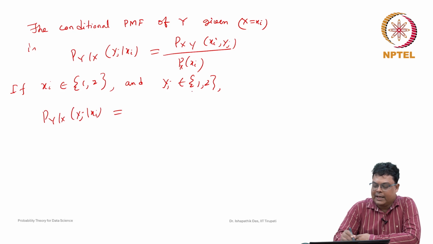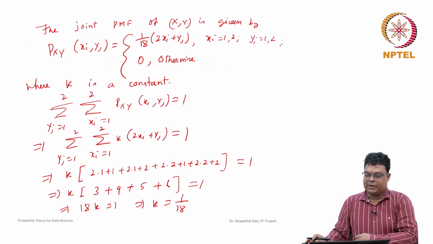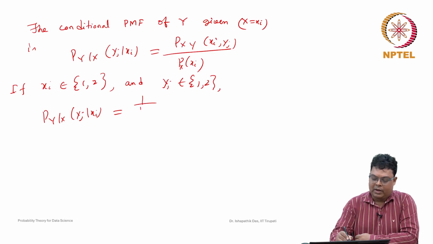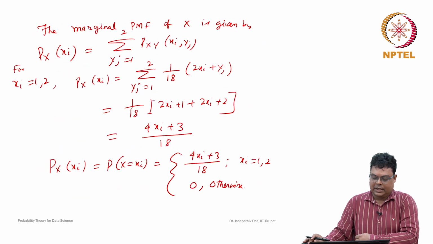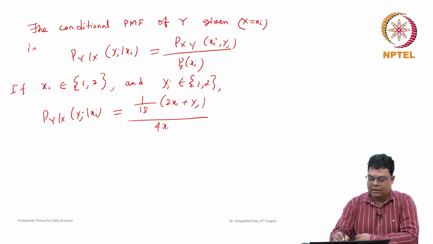If the values are inside this range, then only this joint probability mass function is non-zero; otherwise it is 0. So this joint probability mass function is 1 by 18 times (2xi plus yj). So this is 1 by 18 (2xi plus yj) divided by p_X of xi. p_X of xi we computed earlier: (4xi plus 3) by 18.